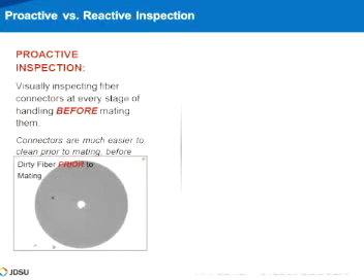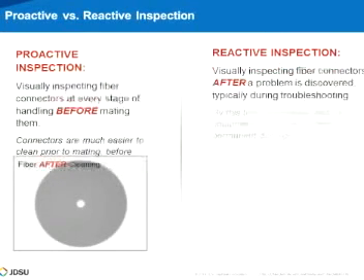If cleaning easily cleans that fiber, then there is no problem with that particular fiber, because as mentioned, fiber can be contaminated in handling and in transport. What the majority of people do is connect the fiber and hope it's going to work.